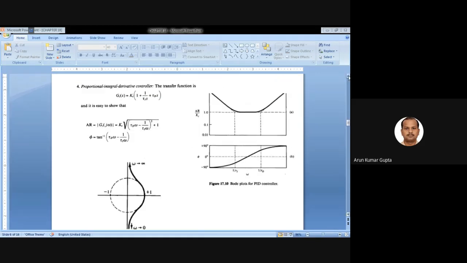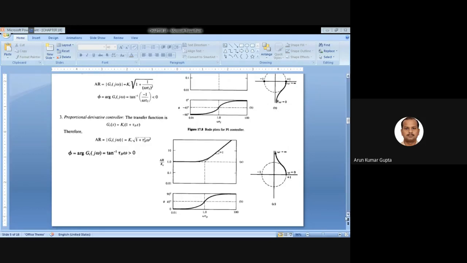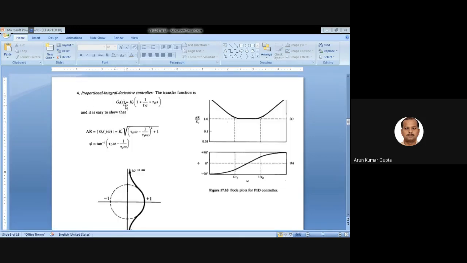Now we have the PID. The PID is given by the transfer function Kc times 1 plus 1 upon tau i s plus tau d s. Now you can just put s equal to j omega, and if you change it into real and imaginary form, it will be given by this.